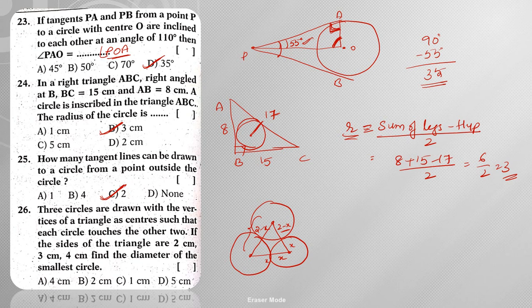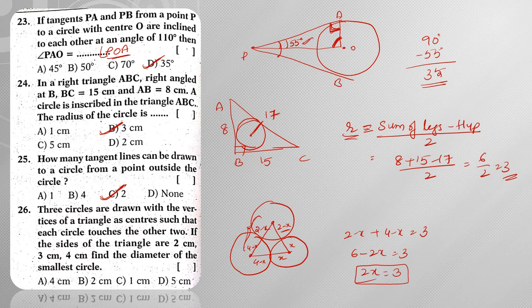Sorry, suppose this is the largest side, so if this is 4 minus x, then this is also 4 minus x, and this particular side will be equal to 3 centimeters. That is, 2 minus x plus 4 minus x is equal to 3 centimeters. So 6 minus 2x is equal to 3. From this, 2x is equal to 6 minus 3, which is 3. Now 2x is equal to 3 centimeters.